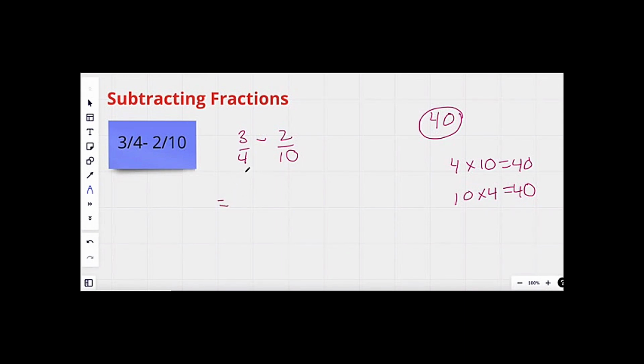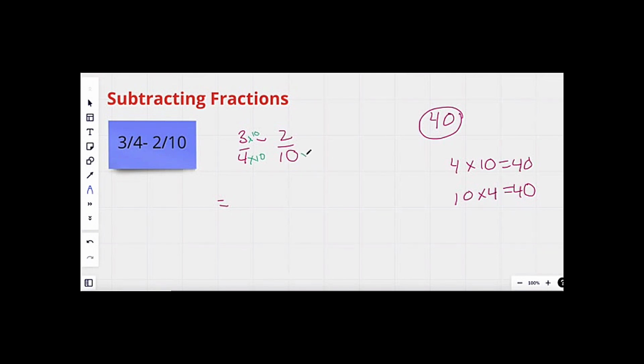So we said, okay, whatever we're going to do to the bottom, we're also going to do to the top. So let's get our other color so that we can show what we're doing. Okay, so let's take a look at our 4. That'll be our first number. So what are we going to multiply the 4 by in order to get 40? Well, we're going to multiply this by 10, which means that we're also going to multiply the top by 10. And what are we going to do to the 10 so that we can end up with a 40?